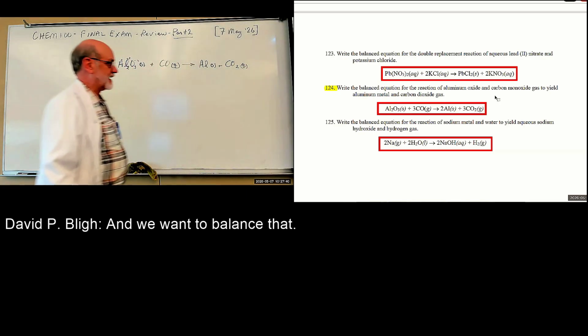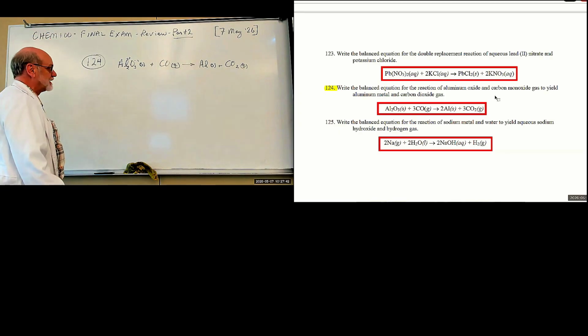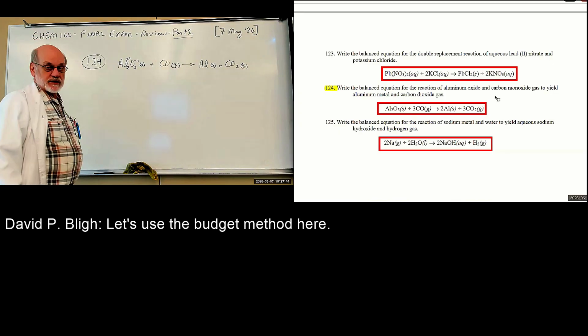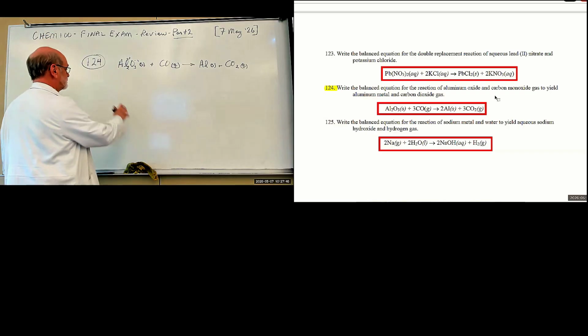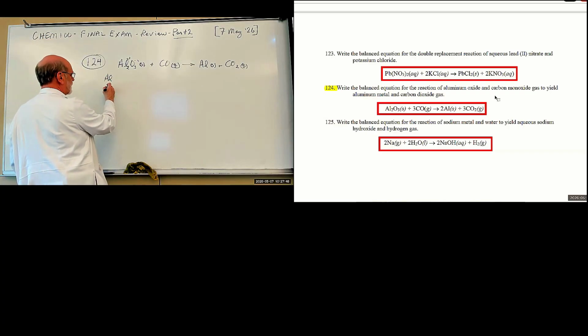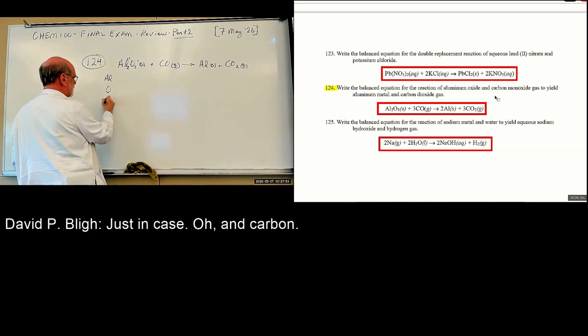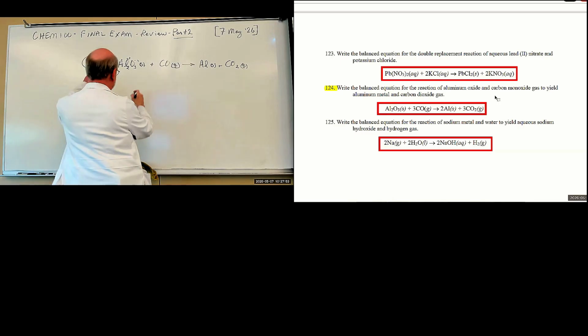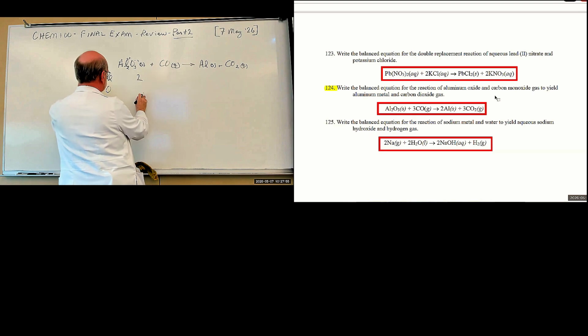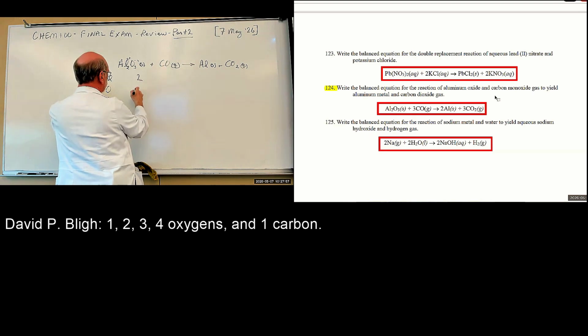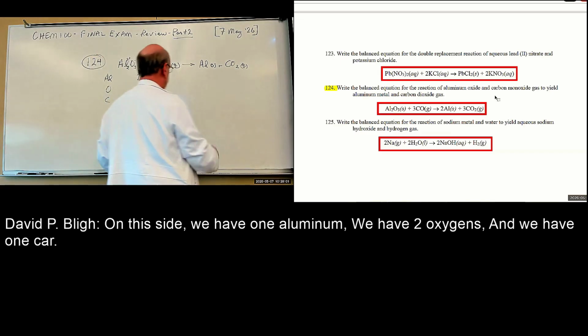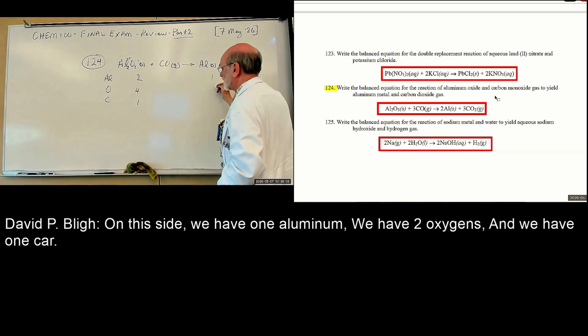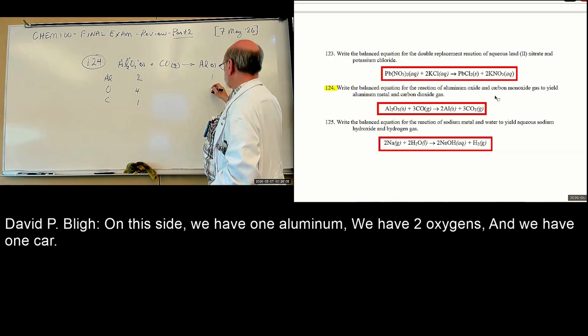And we want to balance that. Okay. Let's use the budget method here. Just in case. Oh, and carbon. Okay. 2 aluminums, 1, 2, 3, 4 oxygens, and 1 carbon. On this side, we have 1 aluminum, we have 2 oxygens, and we have 1 carbon.